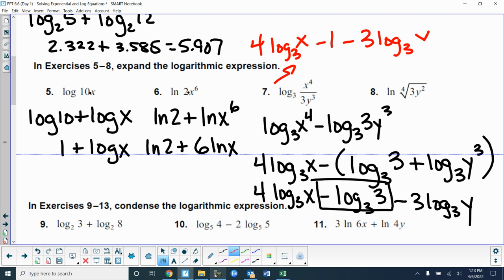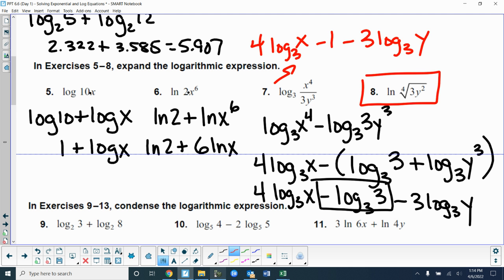Just make sure you're keeping your base the same the whole time. Okay? That's a little bit trickier. First 2 are pretty easy, right? Number 7 is a little trickier. Number 8's a little bit trickier yet.